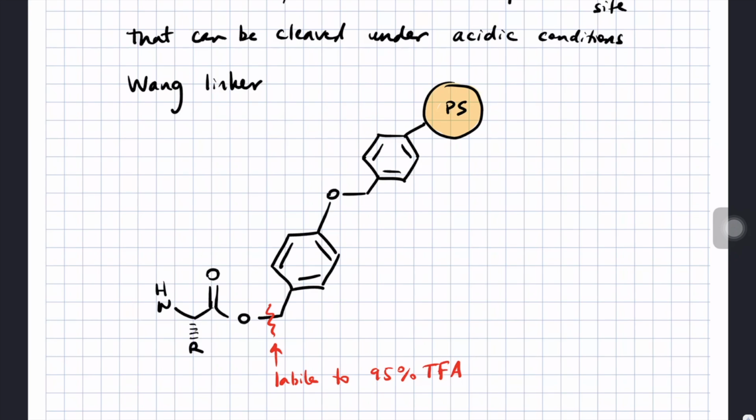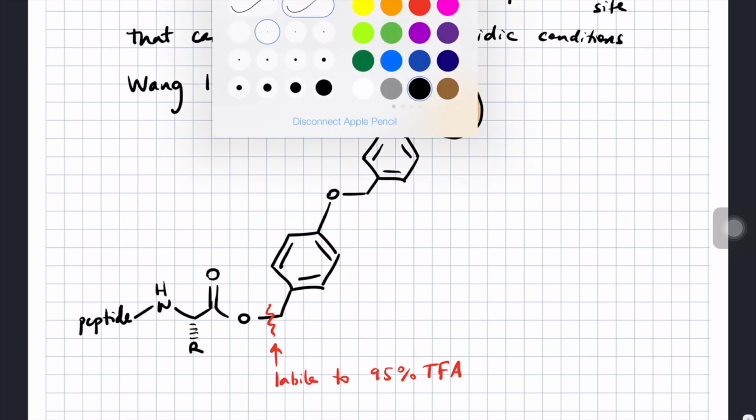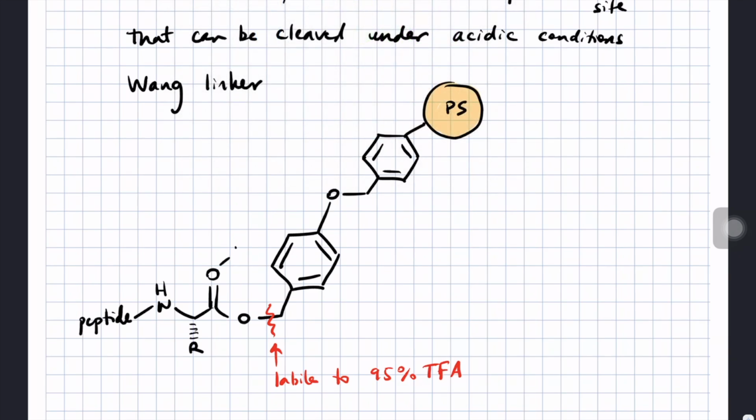And it's thought that what happens when you put this molecule in TFA, and let's just imagine that we've already made our peptide. We're done with the peptide synthesis. We want the peptide to come off the resin. We add TFA, we protonate the carbonyl oxygen.